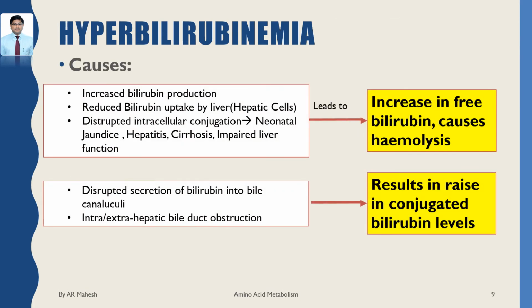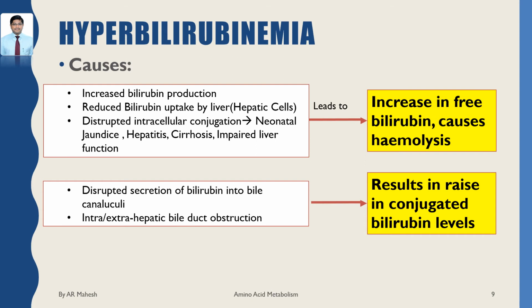Causes of this hyperbilirubinemia include increased bilirubin production, reduced bilirubin uptake by the liver, disrupted intracellular conjugation, generally in neonatal jaundice, hepatitis, cirrhosis, and impaired liver function cases.